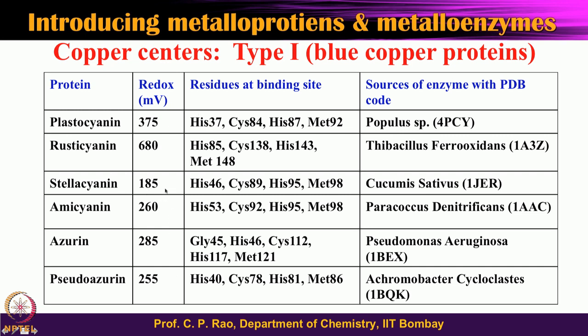The lowest is 185 and the highest is 680 millivolts, a range of almost 500 millivolts. This total difference is coming not just from the coordination sphere, but from the protein structure influencing all this. The first point is that redox potentials vary dramatically among the type 1 blue copper proteins, from stellacyanin at 185 to rusticyanin at 680 millivolts.